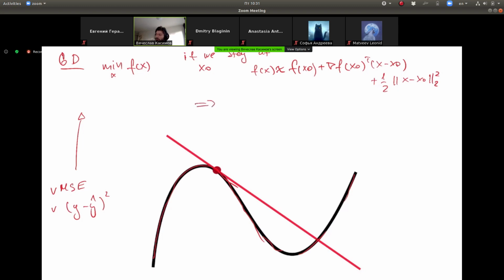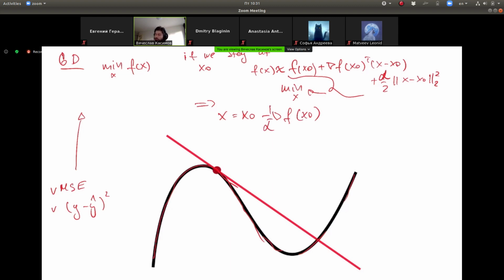And this leads us to the gradient descent update rule. So we could minimize this over x, and it says that the minimum is x0 minus the gradient at this point. And if we introduce some alpha here, it will also be a step.